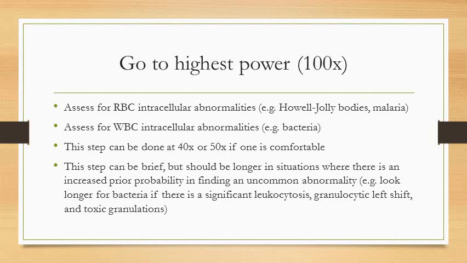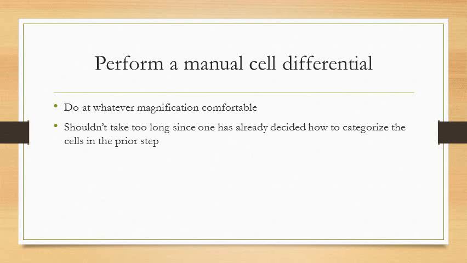The amount of time you spend on this step can be brief, but can be longer in situations where there's an increased prior probability of finding an uncommon abnormality. Like you'll look longer for bacteria in white blood cells if there's a significant leukocytosis, granulocytic left shift, and toxic granulations than you would in a patient with a normal white count.